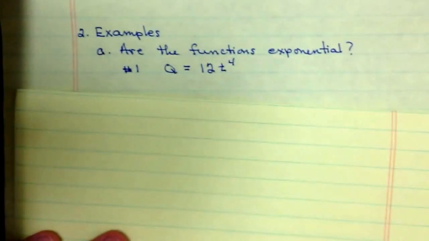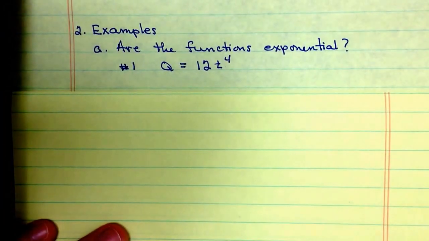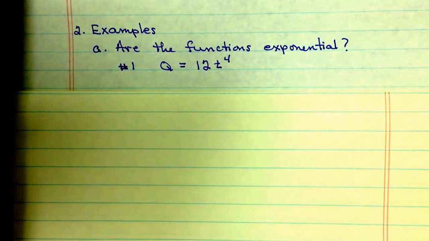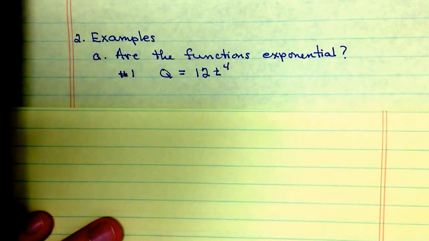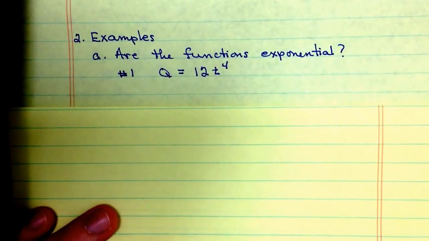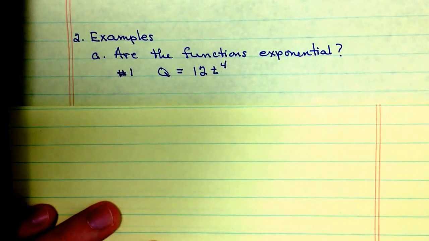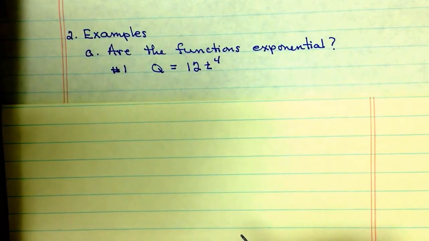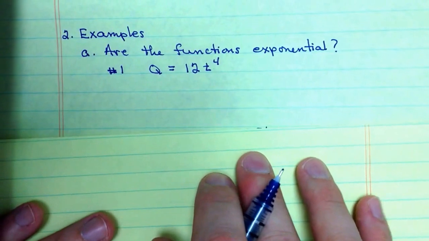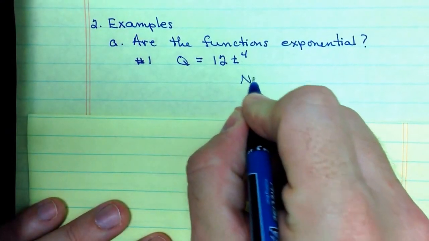So big 2, little a, are the functions exponential? The first function we're given is q equals 12 times t to the fourth. What do y'all think? Is this exponential? The answer here is no. This is not exponential.